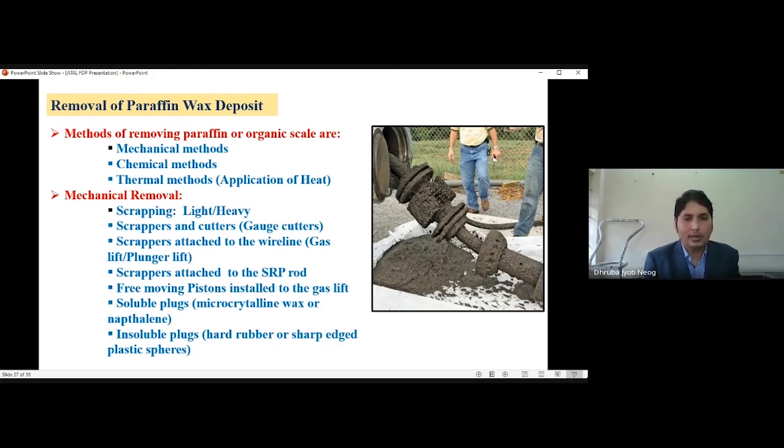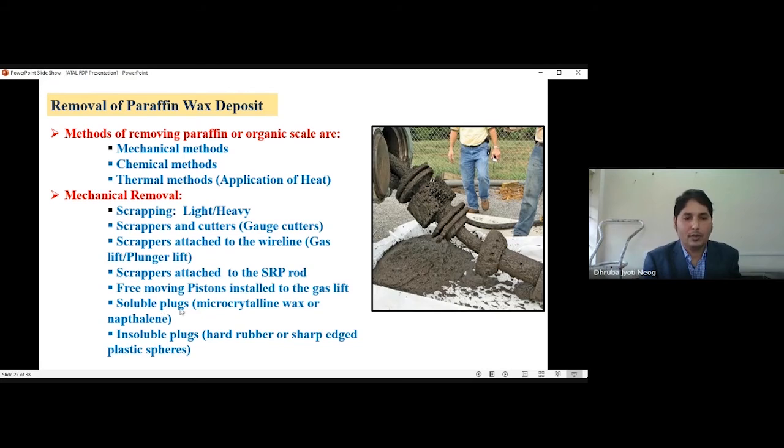They are inserted into the tubing for removal, and in some artificial lift systems, scrapers are already attached to the rods, and during the reciprocating movement of the rod pumps, the scrapers scrape the paraffin deposits from inside the tubing.